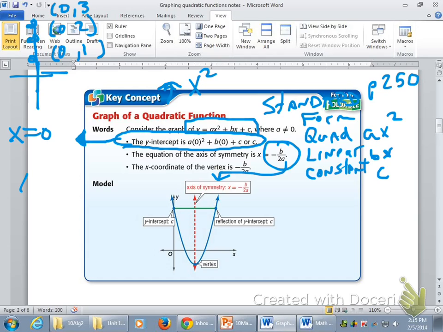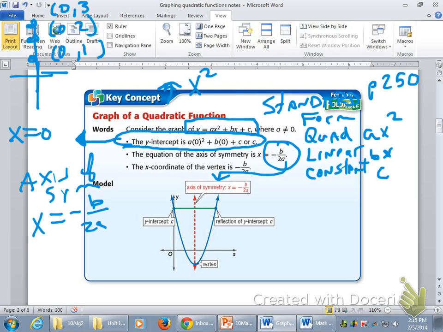So we got to know the axis of symmetry. So make sure that you have that written down somewhere. It's x equals negative b over 2a. And where does the b and the a come from? Comes from the ax squared and the bx up top in the original. So those coefficients. You should have done this a little bit last year.